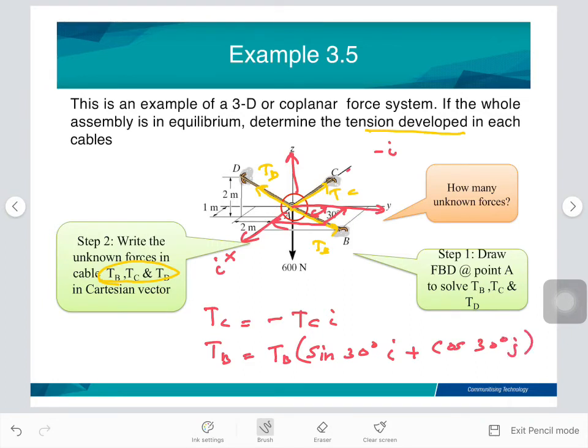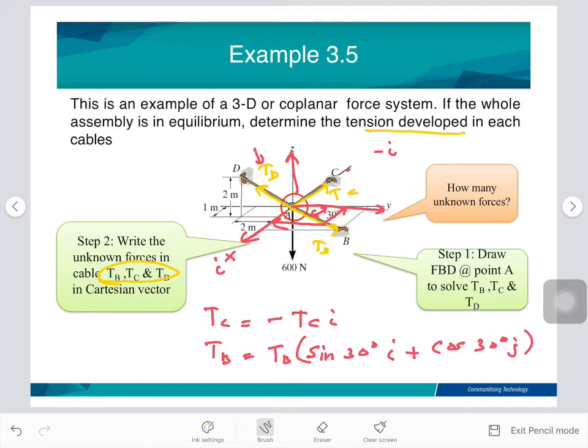Okay, so now the last part is TD. So TD here is given a scale. So if given a scale, you can have the position vector.